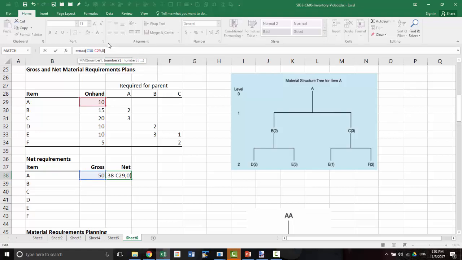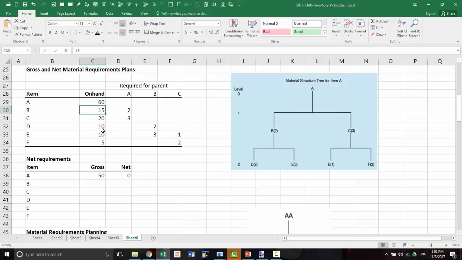If it is a negative net requirement, which means you don't need anything. So if the on hand exceeds gross, you'll just have a net of 0. Now you know how many units of A you need.